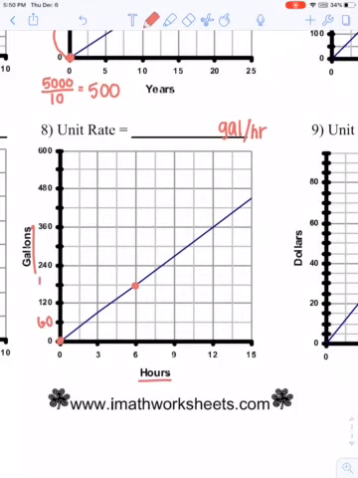So it's 60, 120, 180. So to get from here to my second point, I have to rise 180 and run 6. 180 divided by 6 would be 30. So for this situation, the unit rate would be 30, which was our slope, gallons per hour. Our units found using the axis labels.